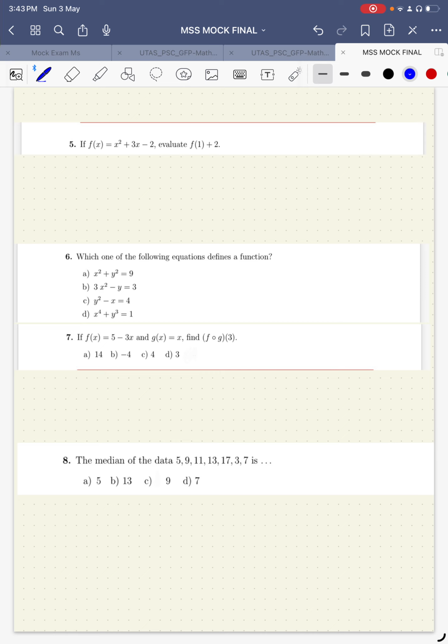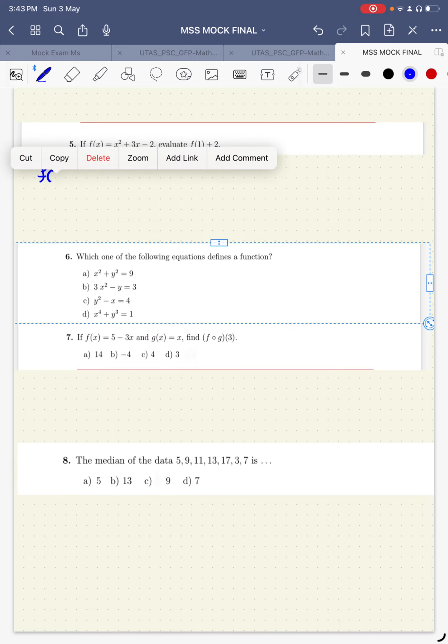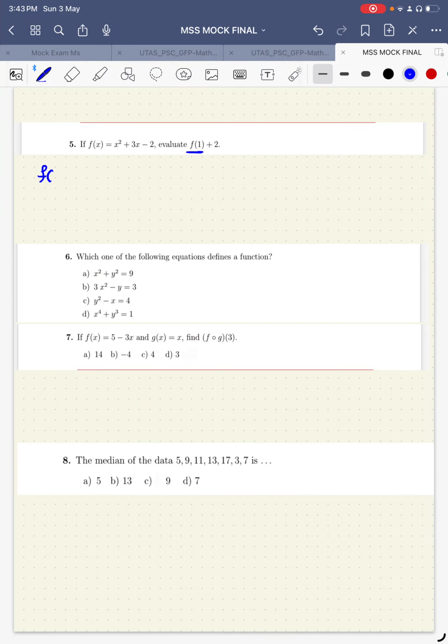If f of x equals x squared plus 3x minus 2, evaluate f of 1 plus 2. So remember, in that case, we first gonna evaluate what is my f of 1. What we mean by that notation is I'm gonna go back to f of x, and replace every single x with 1.